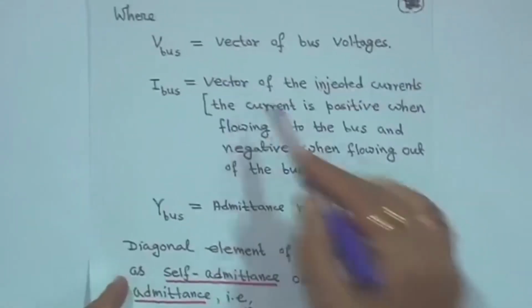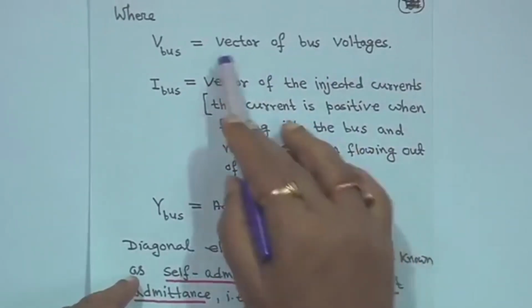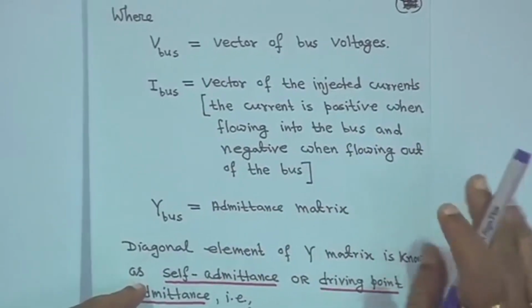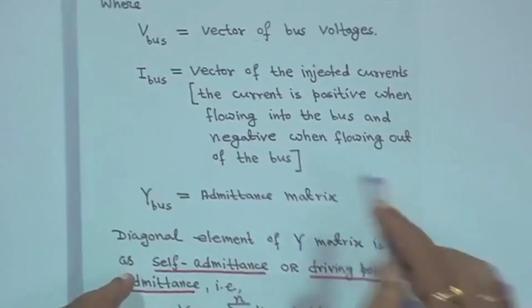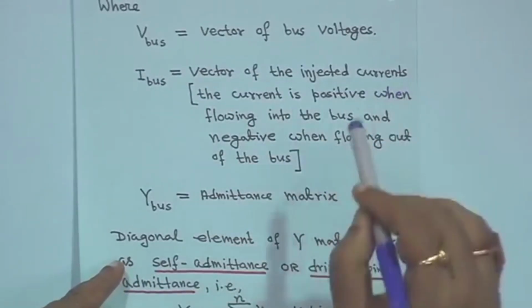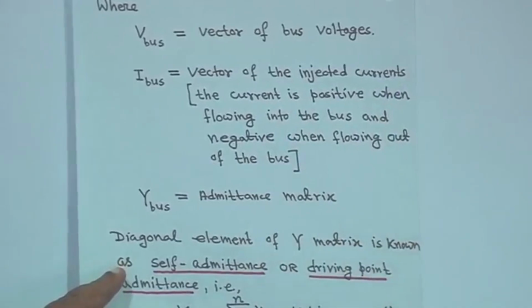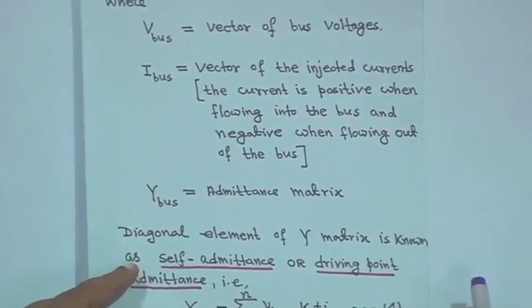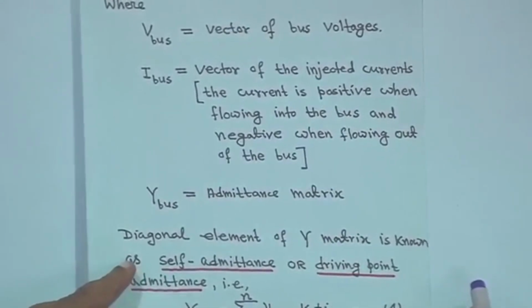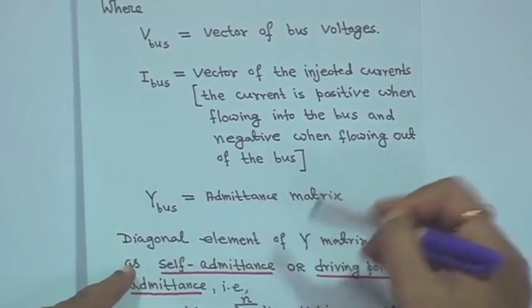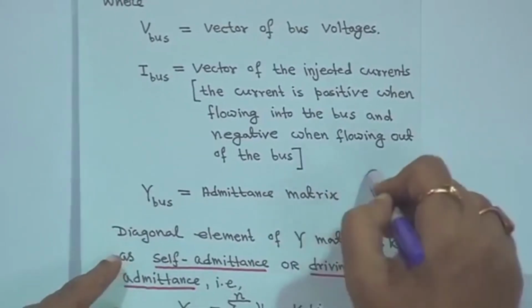Now we are giving the nomenclature. V bus is the vector of bus voltages V1, V2, V3 up to V4, right, and I bus is the vector of injected currents, that is I1, I2, I3, I4. Later we will see, when we form the Jacobian and choose one bus as the slack bus, that its voltage is known, and how the Jacobian matrix and other things can be formed, but this is the preliminary thing.